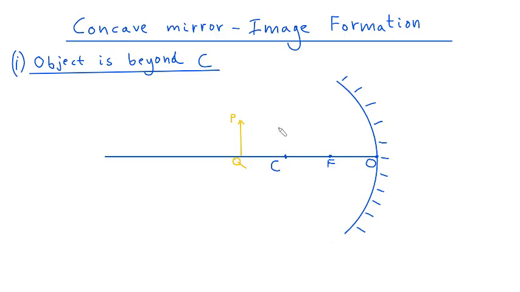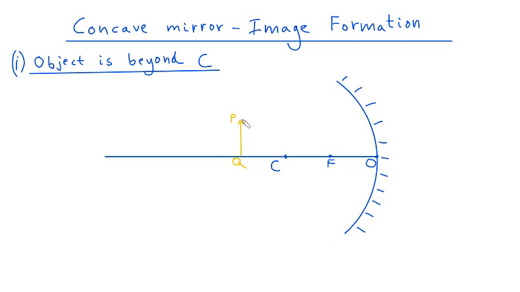So to find where the image will form, we just have to use the rules that we met in our previous video about how light rays behave when they meet the concave mirror.